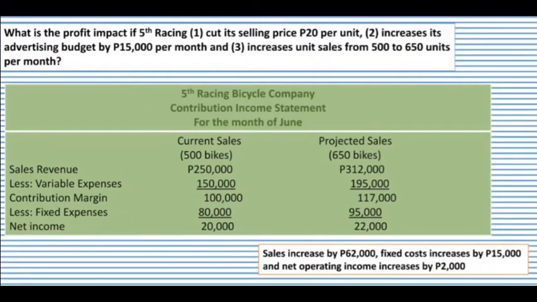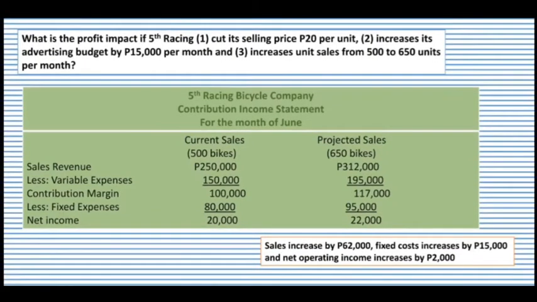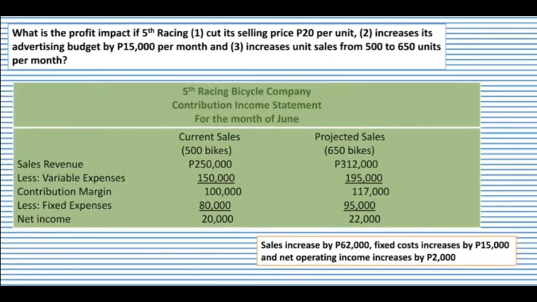So there are changes from the amount of sales revenue to net income for projected sales. So we have 312,000 minus 195,000 equals 117,000 minus 95,000 equals 22,000. So sales increase by 62,000, fixed cost increases by 15,000, and net operating income increases by 2,000.